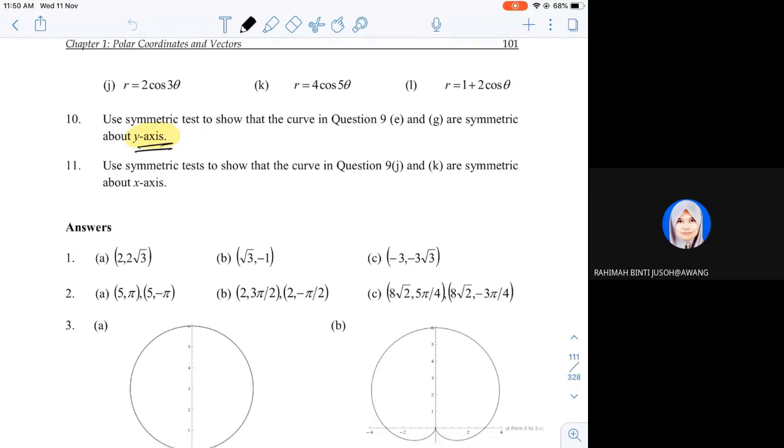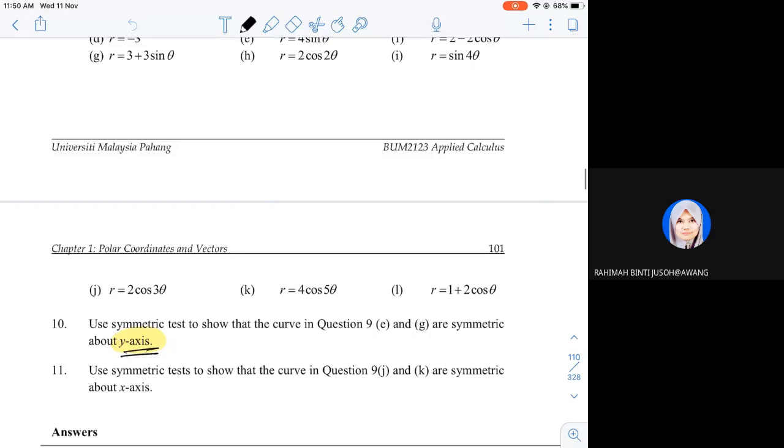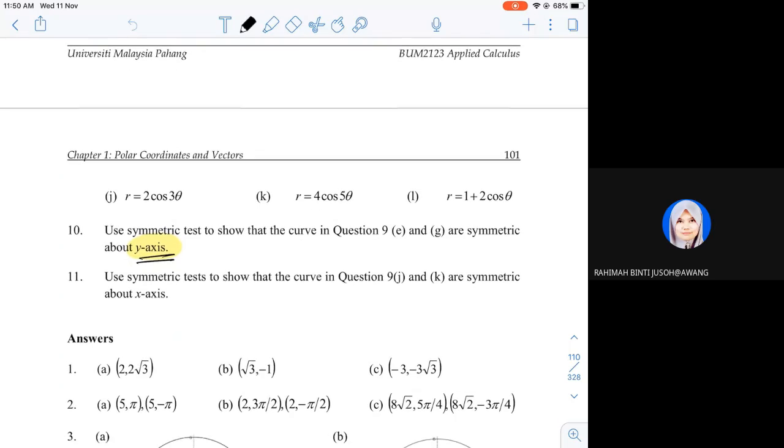Ni symmetric to x axis. X axis simple ni. Question number 9J and 9K. Okay, let us do question K ni. Symmetric about x axis.